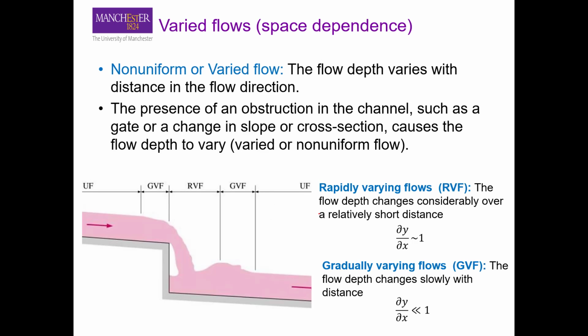Okay, and similar to uniform flows, we can have varied flows, or non-uniform flows, and these non-uniform flows are those where the properties change with the flow direction. Okay, so you can have rapidly varied flows if, for example, you have a change of velocity over a short distance.